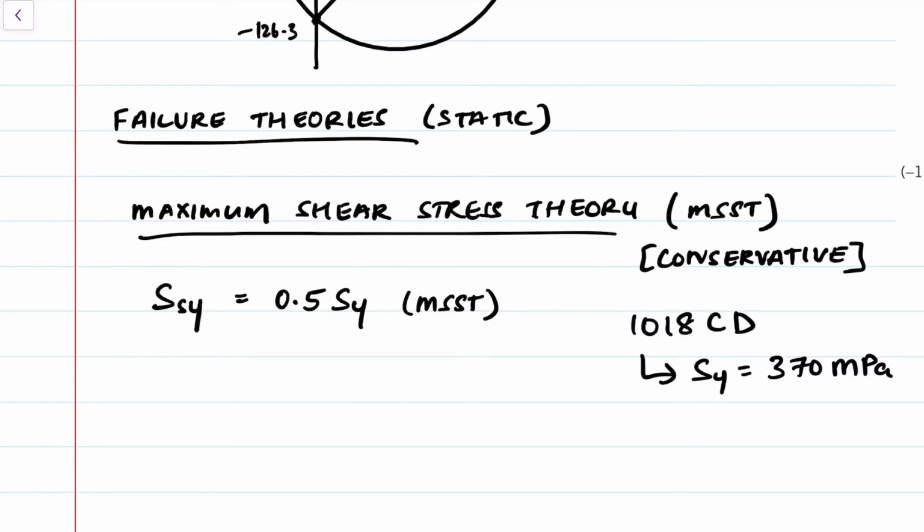You can find material properties, and in this case specifically, we're looking for the yield strength. All right, so SY is the normal yield strength, right? And this is what will be tabulated for the most part. And SSY is going to be your shear yield.